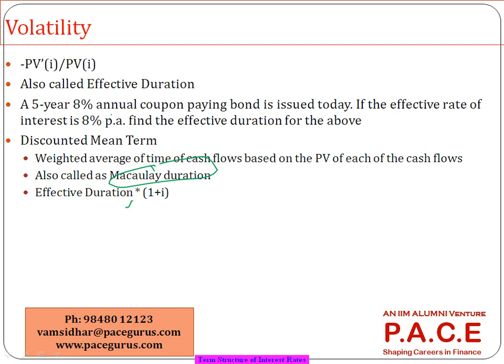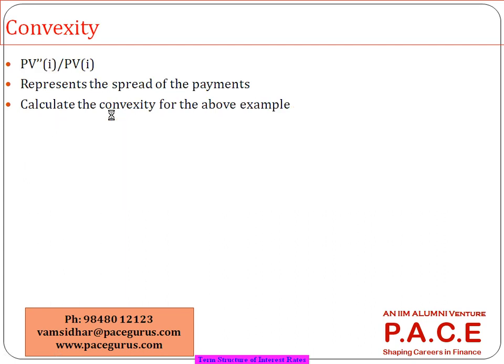Then the next aspect which we are focusing on is the convexity. We have already seen, just to explain the relationship, the price to yield relationship. We have seen that it is a curve. As the interest rates increase, the price of the bond actually falls, and vice versa.